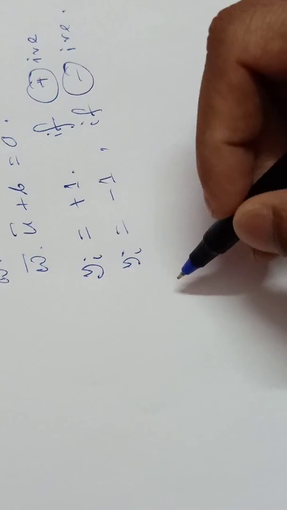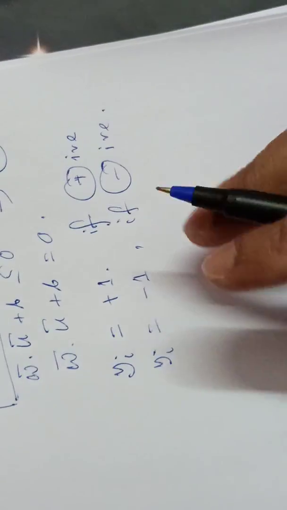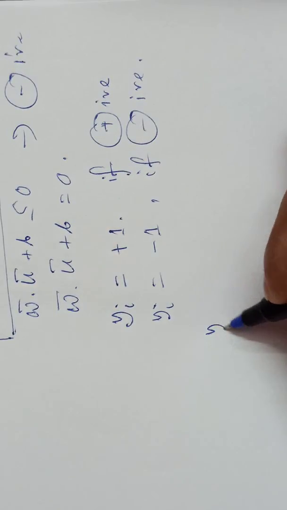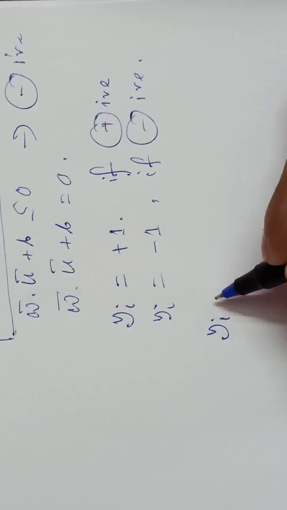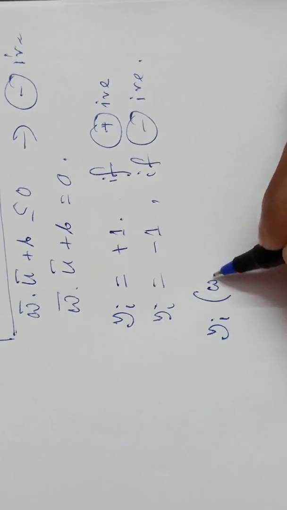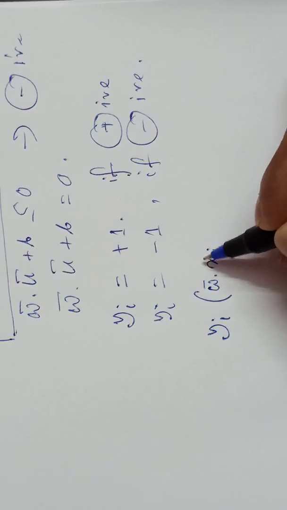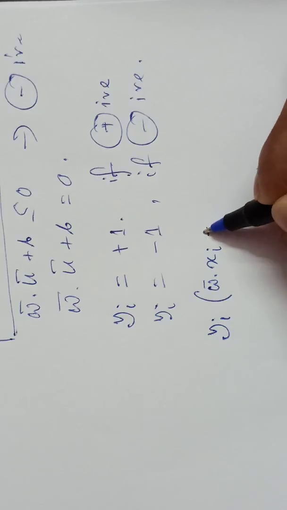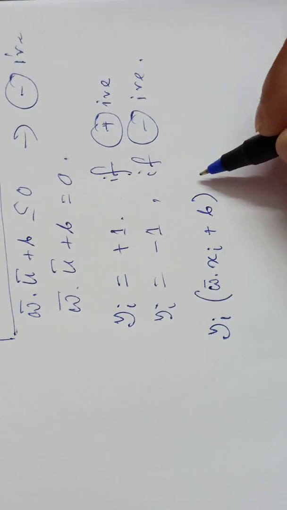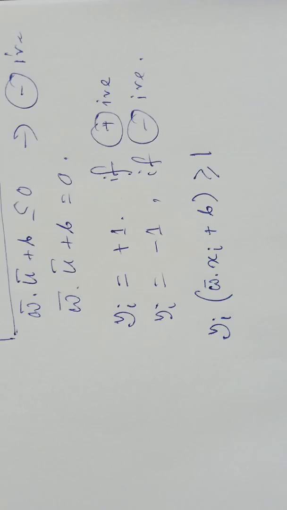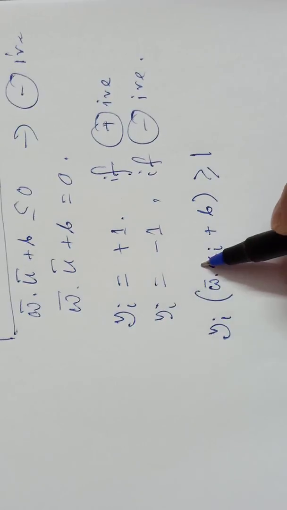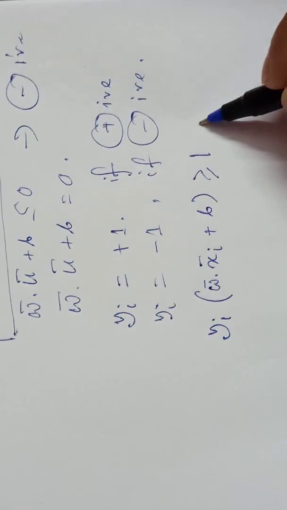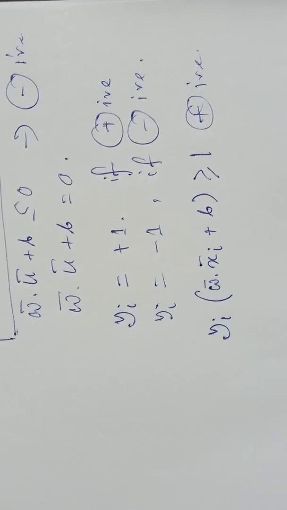Now can we write this as yi (w xi plus b) is greater equals to 1 for any data xi? Okay, this is a vector. So this is for positive class.